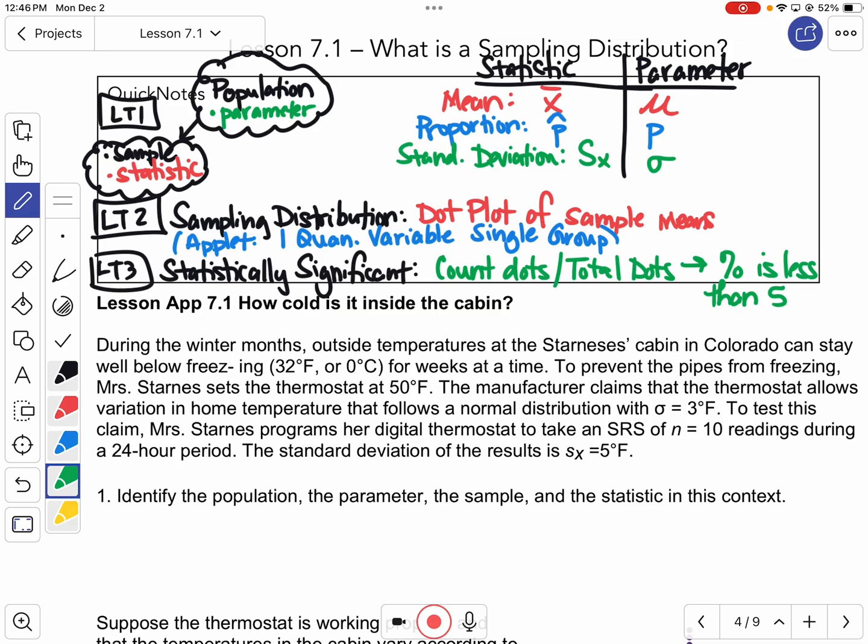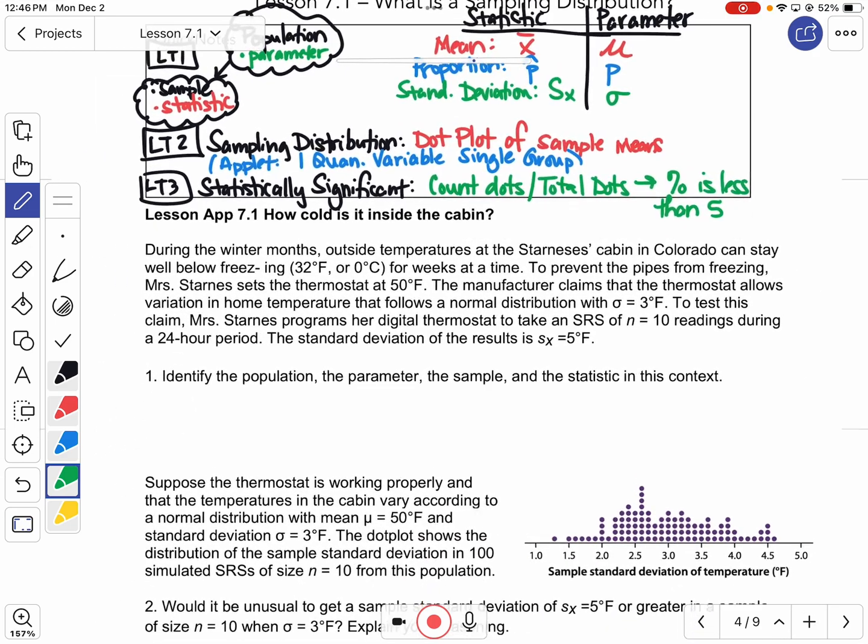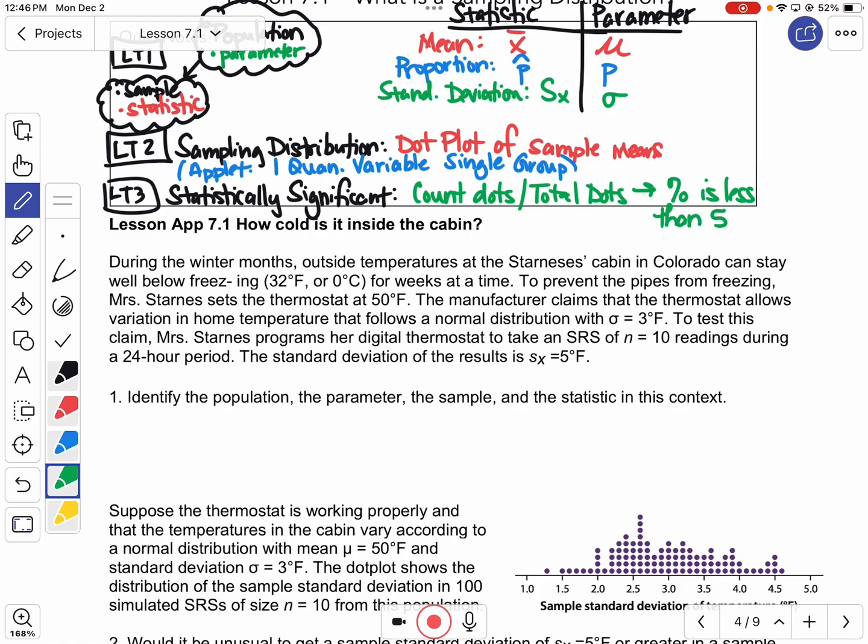And I want us to just look at a couple of examples, things you could see in what you're going to do today. It's talking about it being cold during the winter. Outside temperatures at this cabin in Colorado can stay well below freezing for weeks at a time. To prevent the pipes from freezing, she sets the thermostat at 50 degrees.